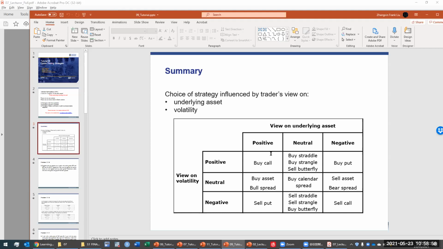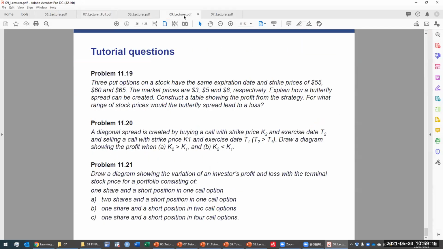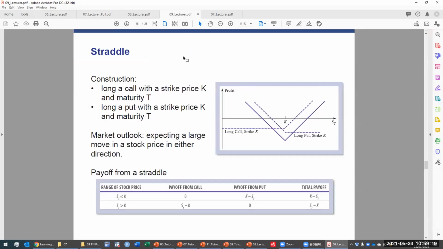Well, here it tells you sell straddle, sell strangle, buy a butterfly spread, because they all have this upside down V shape. So this is a straddle. Straddle is buying a call and a put, and because you have a short straddle, you have the inverse of that, right?